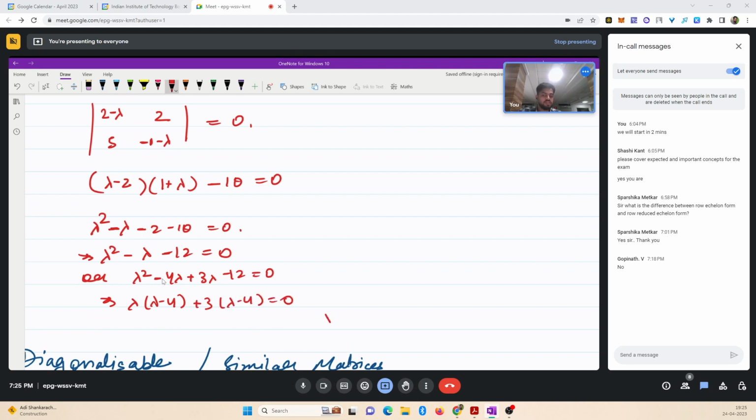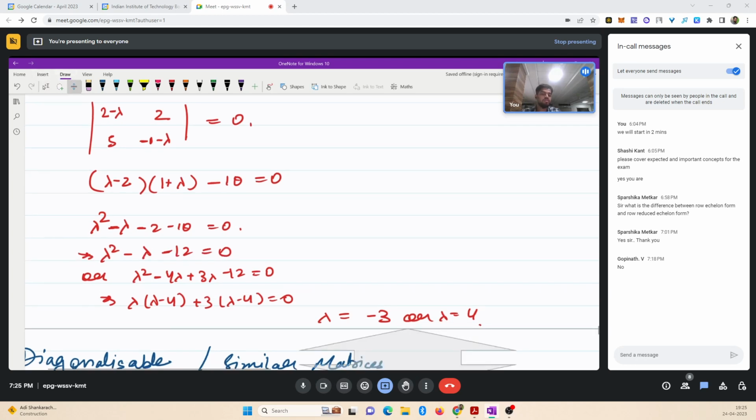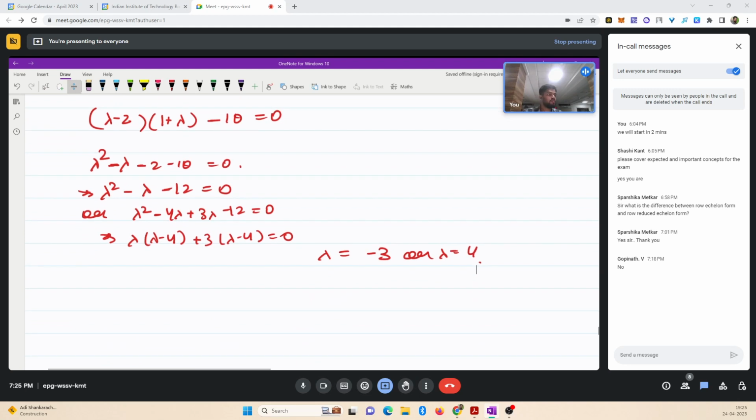What does this give? This gives lambda is equal to minus 3 or lambda is equal to 4. So whatever values of lambda you have got, those are your eigenvalues. So what are the eigenvalues for this given matrix? Eigenvalues are minus 3 and 4. Okay.